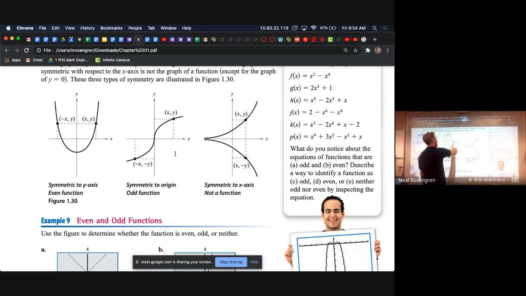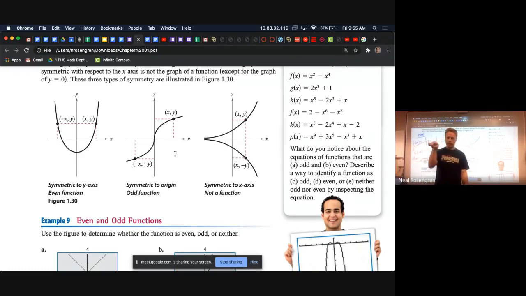So I drop in a regular x, and I get a y. But if I come down over to the other side and I drop in negative x, it's going to give me the opposite of the y value that I had on the other side, if it's going to be odd. And that's going to be for every single x value. So if I plug in 1 and I get 3, so 1, 3 is a point.